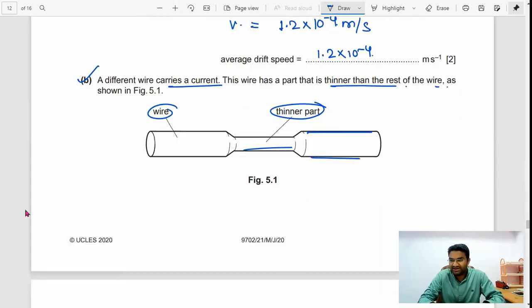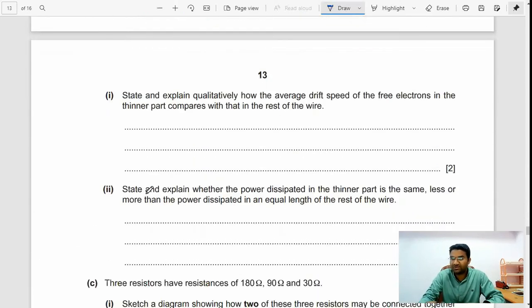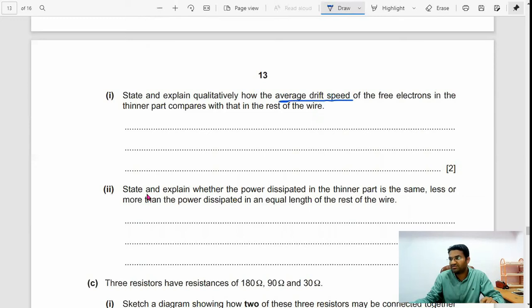Now we'll go through the subsequent questions. Question 1 says: state and explain quantitatively how the average drift speed of a free electron in the thinner part compares with the rest of the wire. It generally asks how, if the cross-sectional area changes, the average drift speed changes.